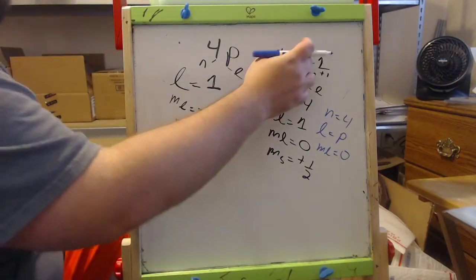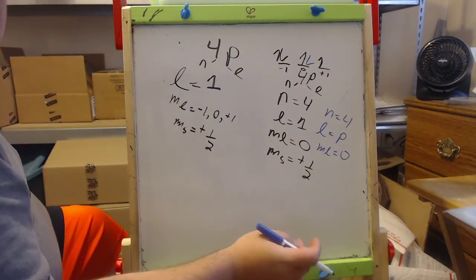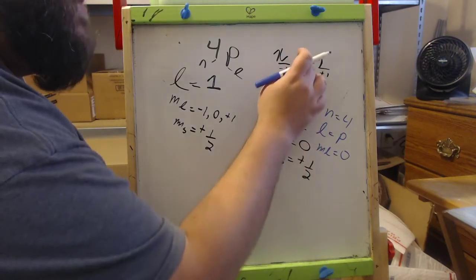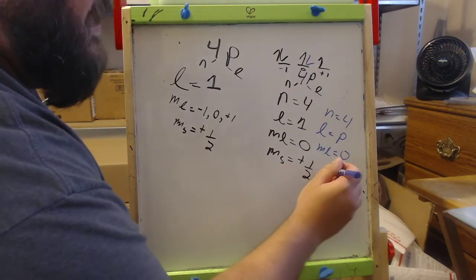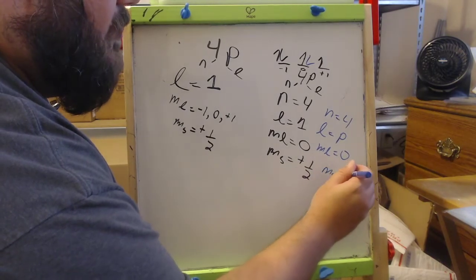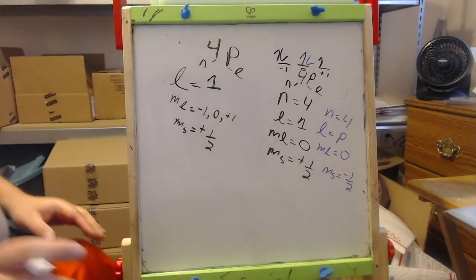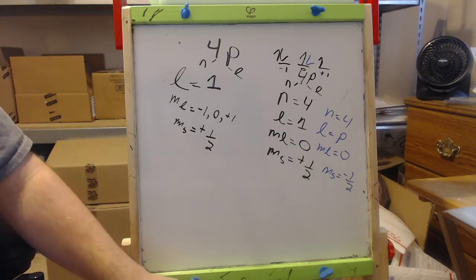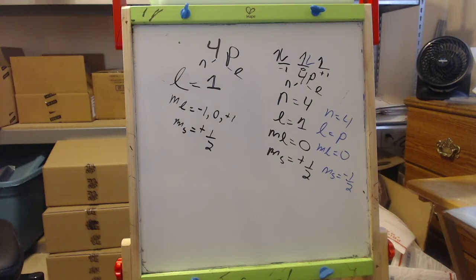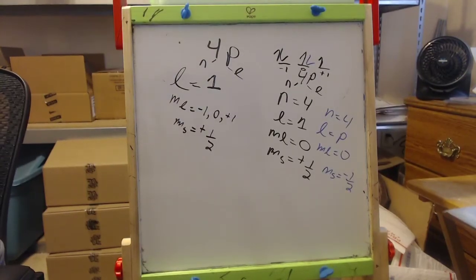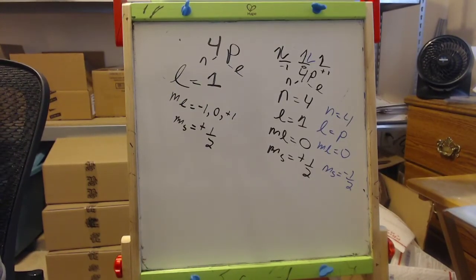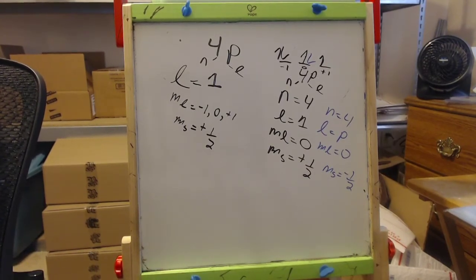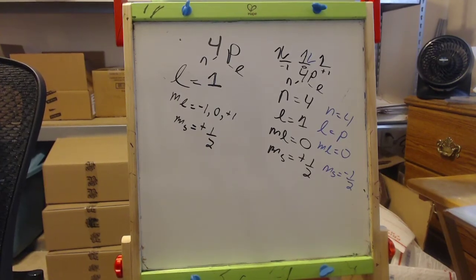The thing is, no two electrons can have the same 4 quantum numbers. So if I call the black one plus 1/2, I have to call the blue one minus 1/2. So the plus and minus only really comes up if you're writing about 2 electrons in the same orbital.